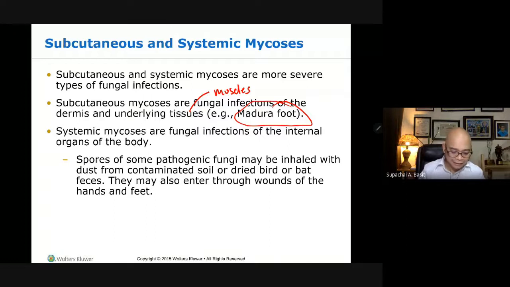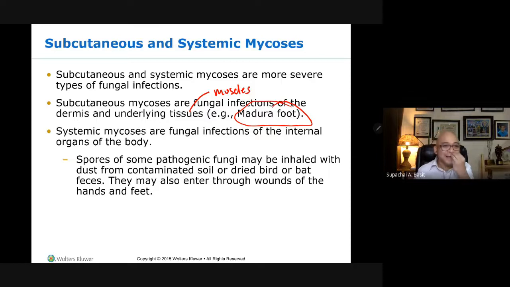Okay, so then systemic mycosis are fungal infections of the internal organs of the body. So majority, we can actually get systemic mycosis by inhaling the spores of these fungi. So spores of some pathogenic fungi may be inhaled with dust from contaminated soil or dry bird or bat feces. They may also enter through wounds of the hands and feet.